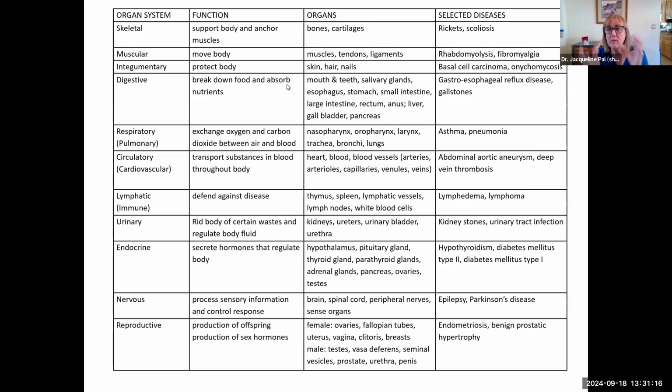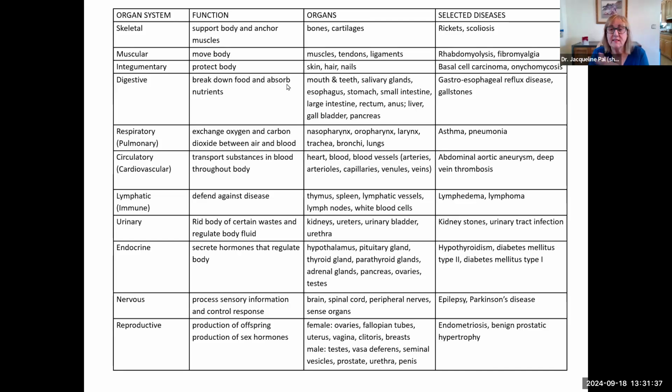So it has three big parts: your heart and your blood vessels, and then your blood, three big parts. And a couple diseases of that are aneurysms, very common in your brain, as well as your aorta, especially in your abdomen, as well as deep vein thrombosis.